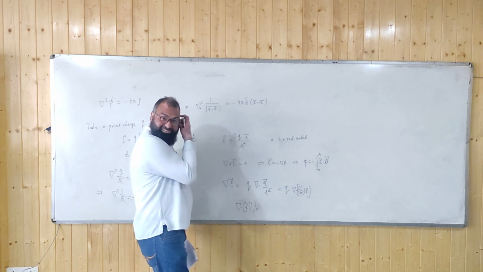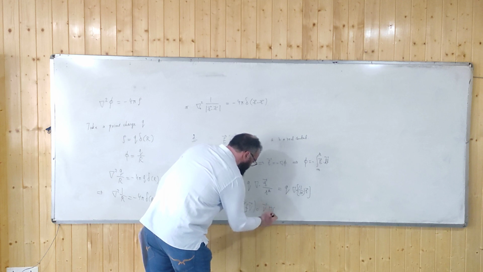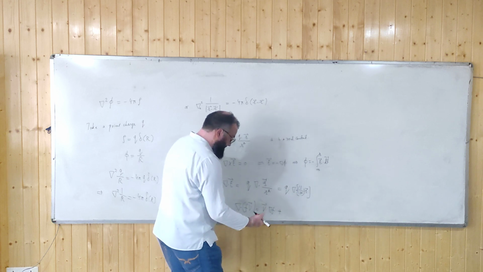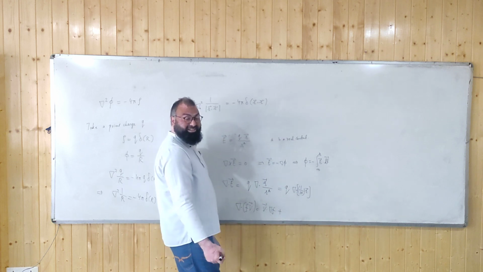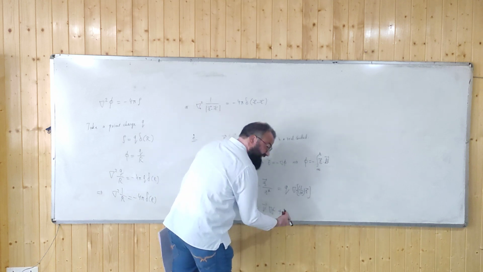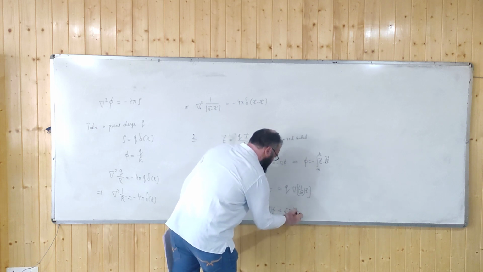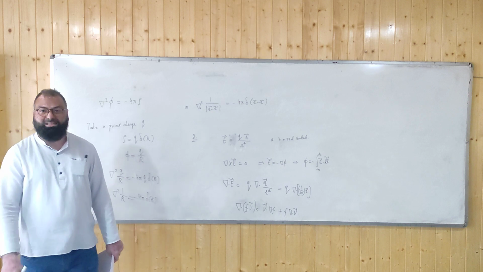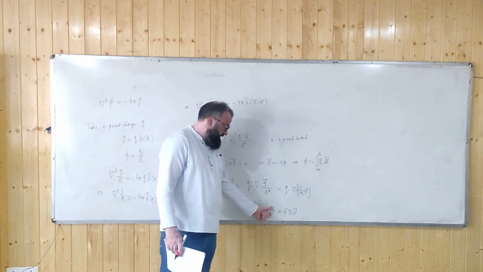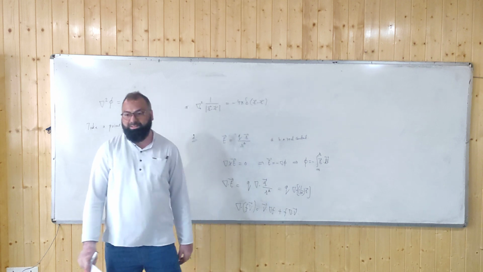So it is V dot gradient of f, plus f into divergence of V. Because the divergence is a scalar quantity, and V dot gradient f is a dot product of two vectors, which is a scalar quantity. Clear?